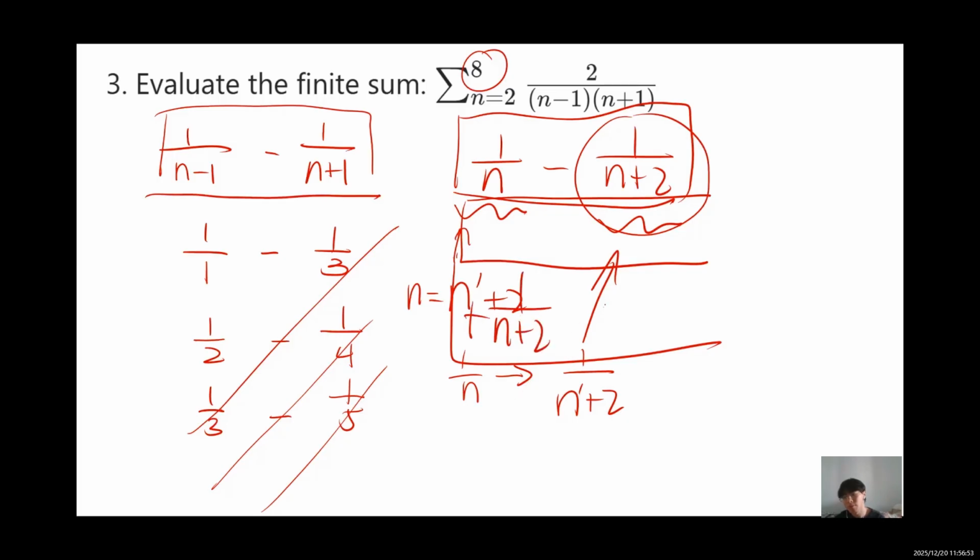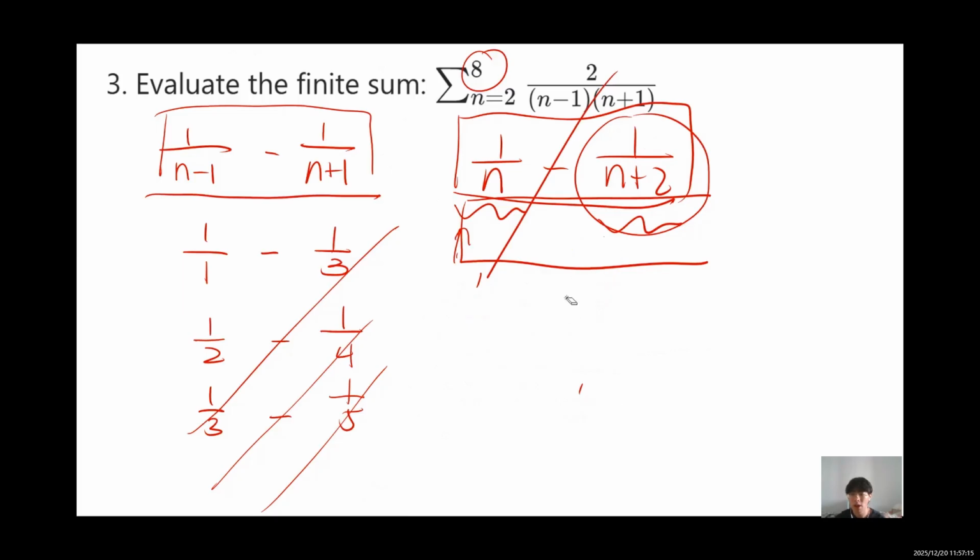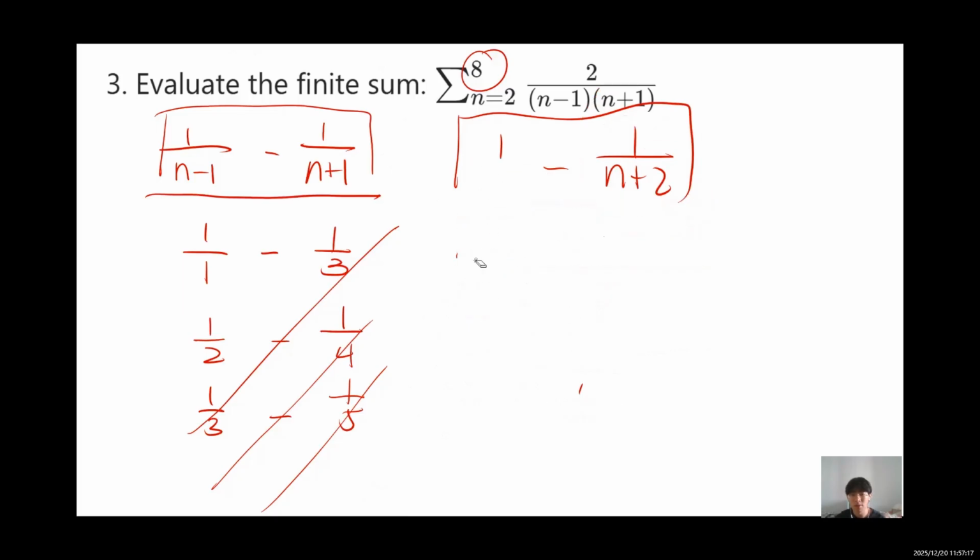That's why it can be cancelled, because it illustrates the relationship between terms. You minus 1 and you plus 1 later. That's the principle of partial fraction in this application.